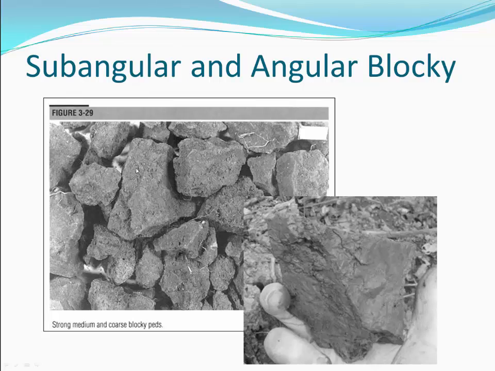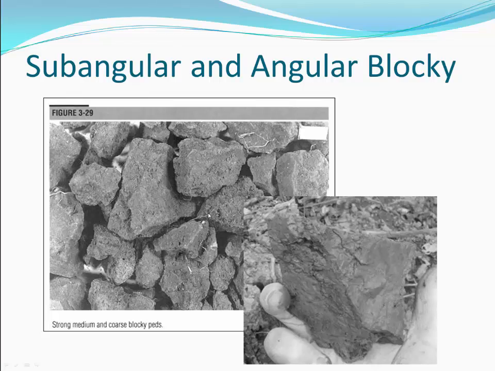So rather than having a rounded, this one is primarily rounded, but it's very, very large compared to the granules. But more of these have at least one surface or one part of one surface that is flattened. And that's why we call it subangular and why we call it blocky. So it's really a combination of size difference and then just shape difference.